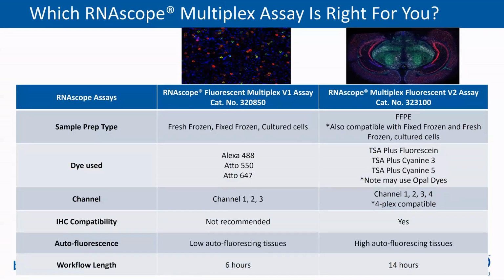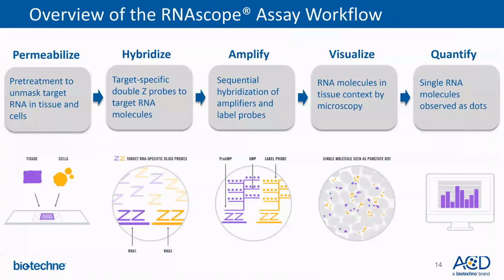I will now go over the assay workflow. All RNAscope assays start with a permeabilization step, which includes the pretreatment to unmask the target RNA in tissue and cells. This is then followed by hybridization of target-specific double-Z probes, which target the RNA molecules.